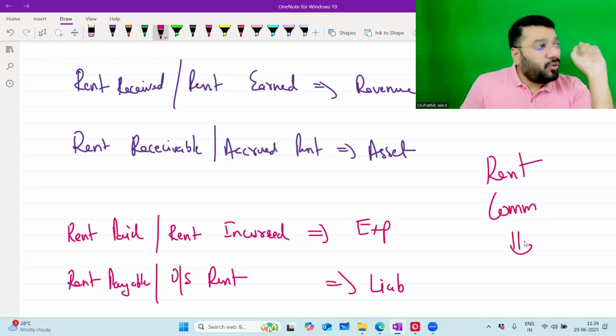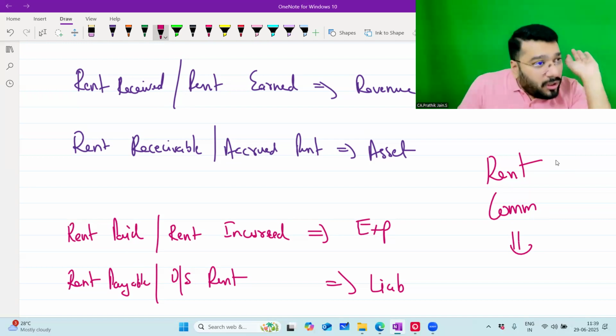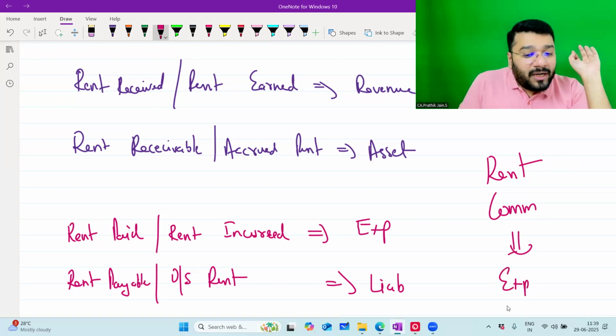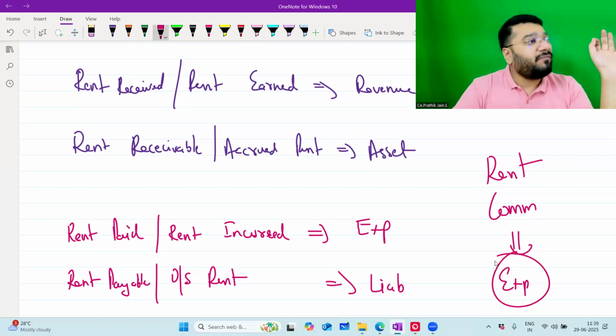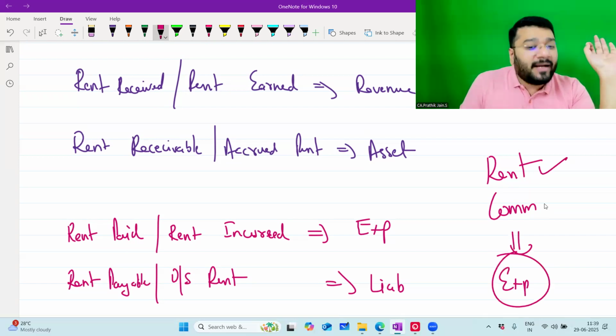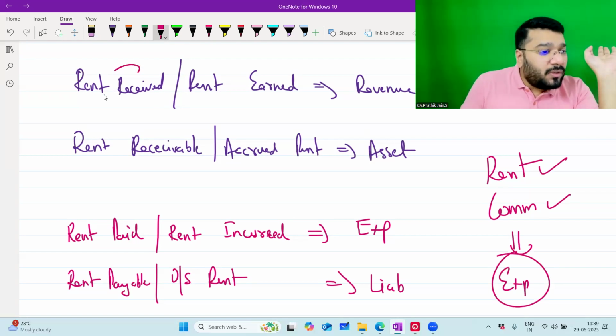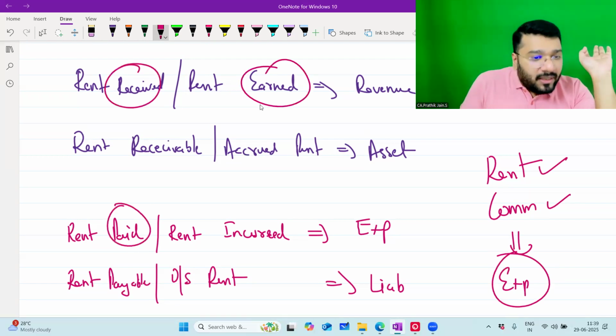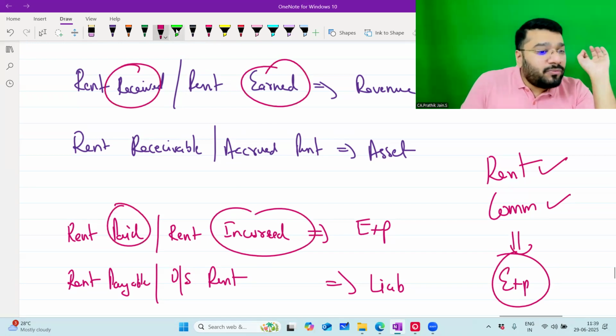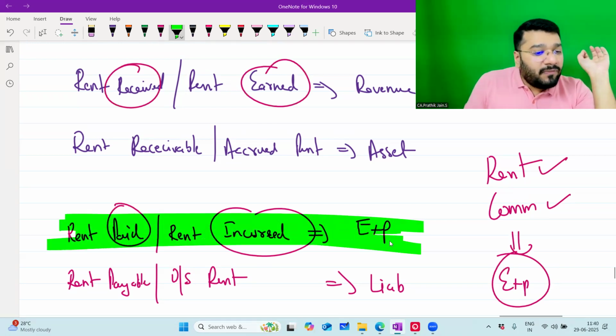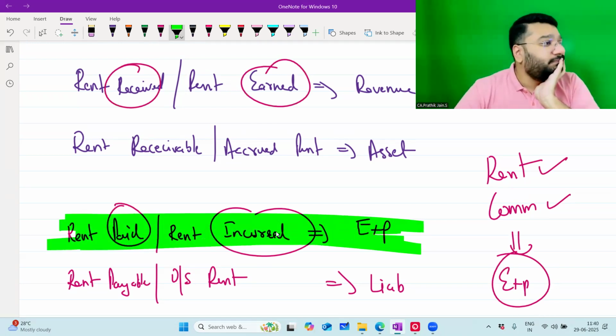Always make a note that whenever the question is silent about whether this is rent received or rent paid, commission received or commission paid, we will assume this is by default expenses. Whenever you get a classification as only rent and commission, with no received, paid, earned, or incurred word, we always assume that it is of this category.